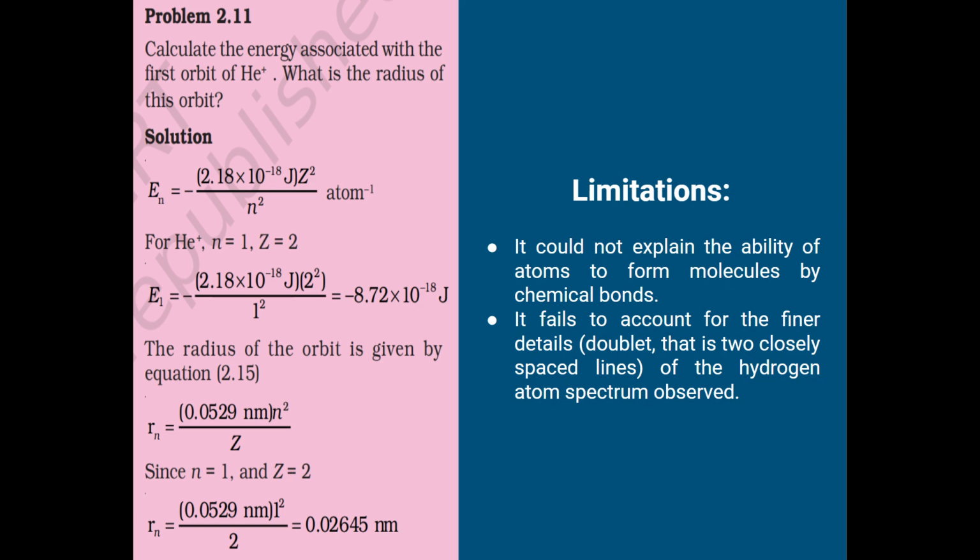Just put the value, you will calculate it. Also they have asked us to calculate the radius, so radius का formula भी आपको पता है. You just have to put the value of n and Z, you will calculate your things. Now it depends on you whether you have to put your values in nanometer, angstrom or picometer. जिसमें रखना है रखो, nothing will be wrong.